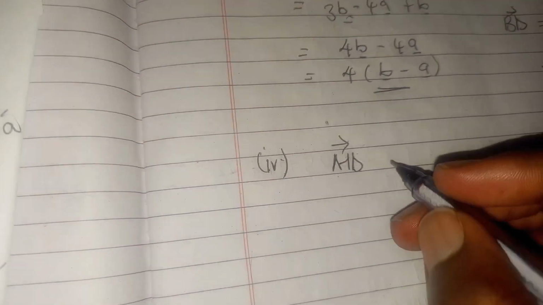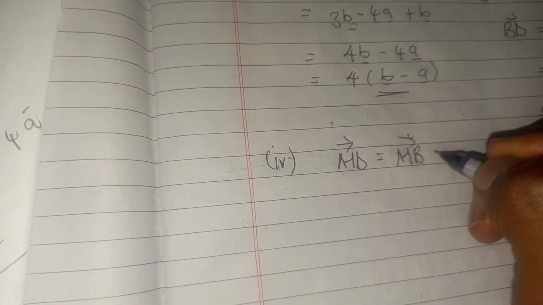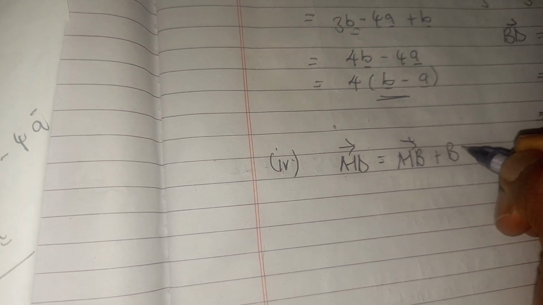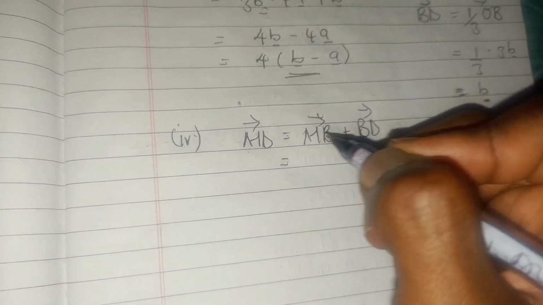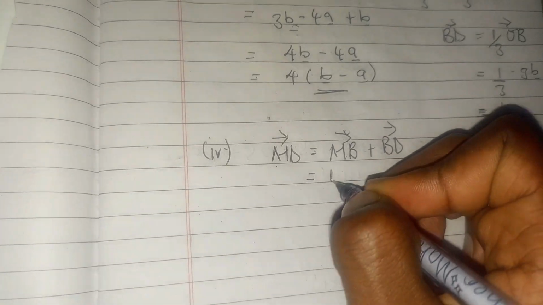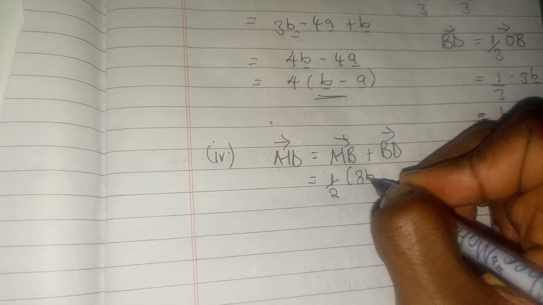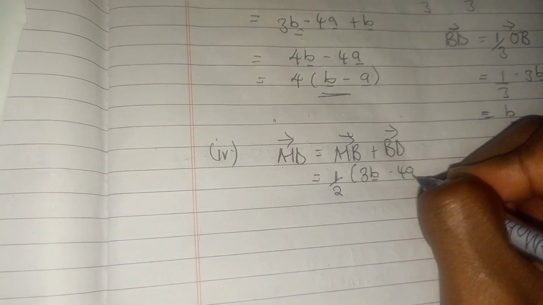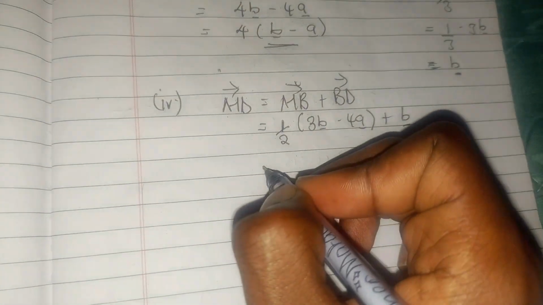So we're saying MB plus BD, where MB is equal to half of 3B minus 4A, plus B.